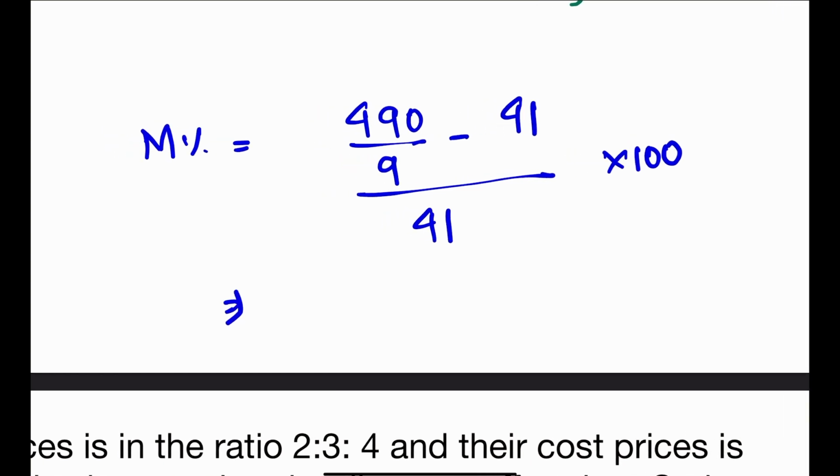So eventually it will be how much? This is 936 and this will be 490 minus 369, that is 121 upon 41 into 9, right? This will be the case, right? 121.